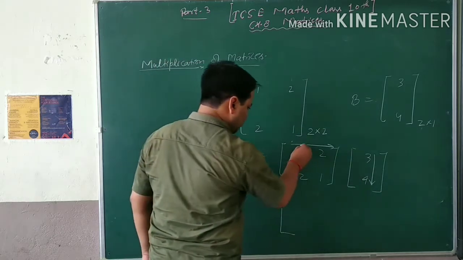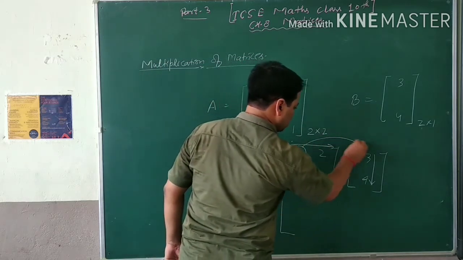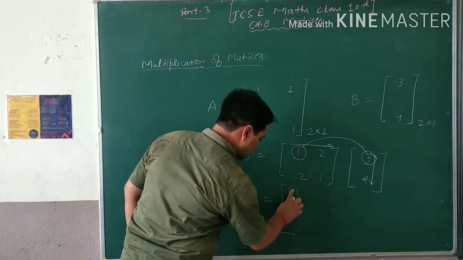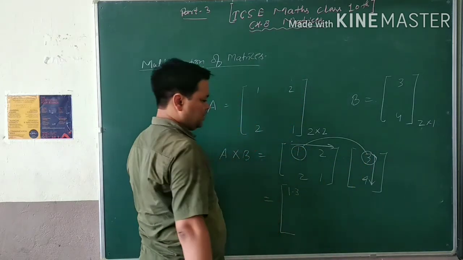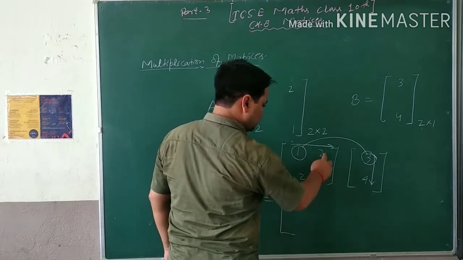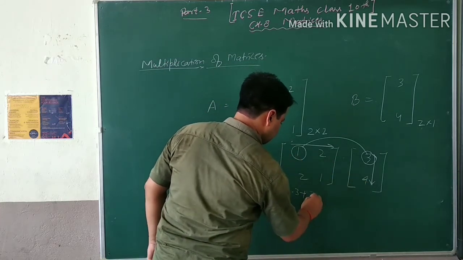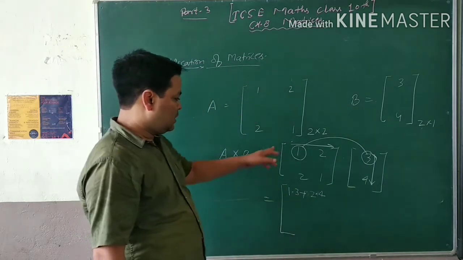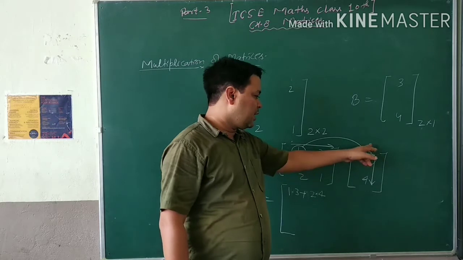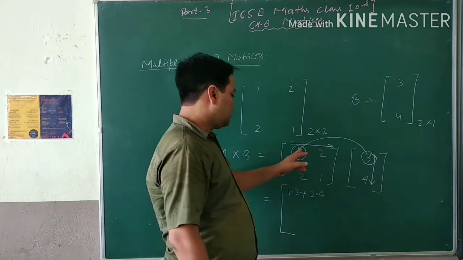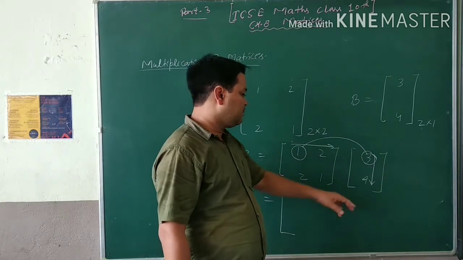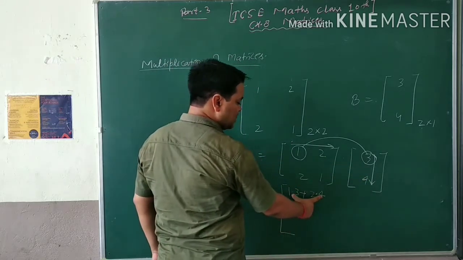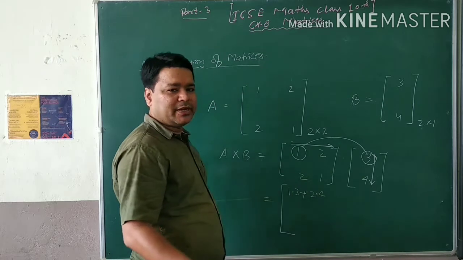We multiply this number by this number, 1 into 3, plus 2 into 4. First row and first column we multiply: 1 into 3 plus 2 into 4, and this gives the first row of the required matrix.